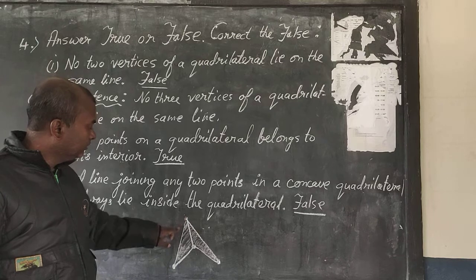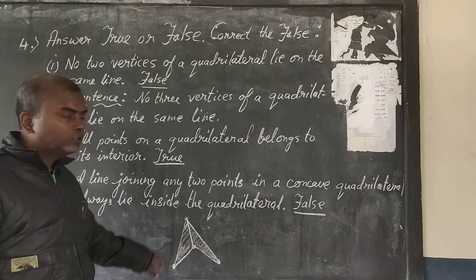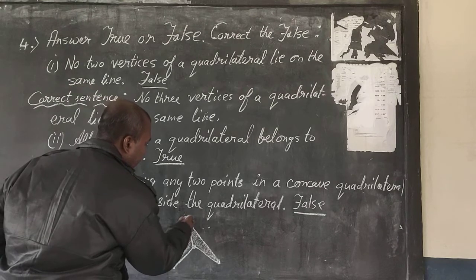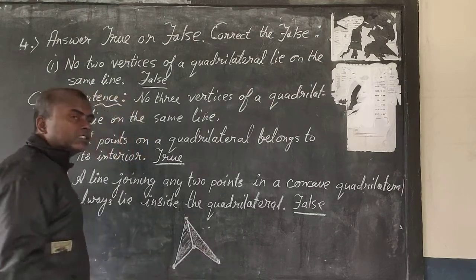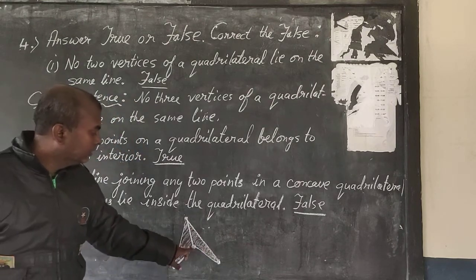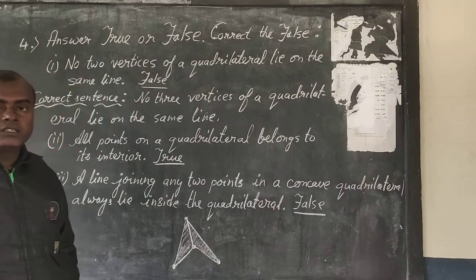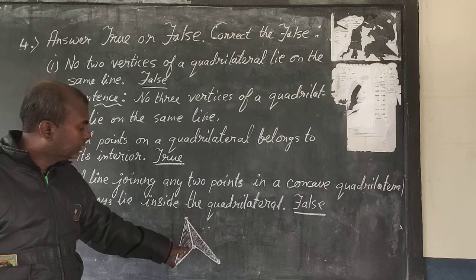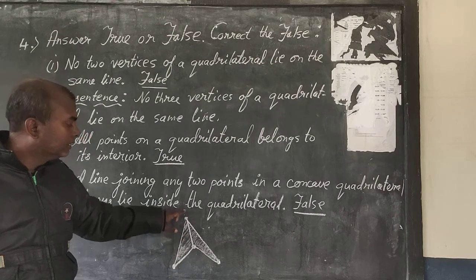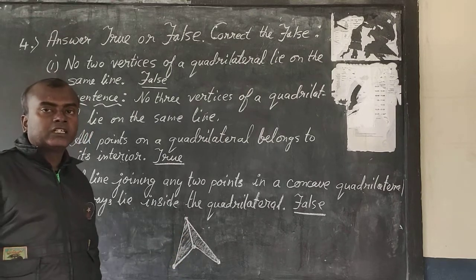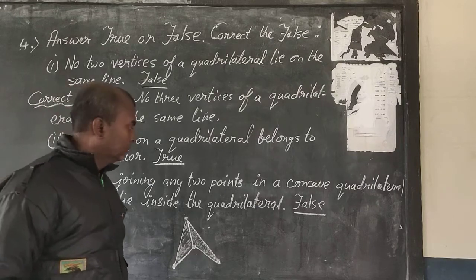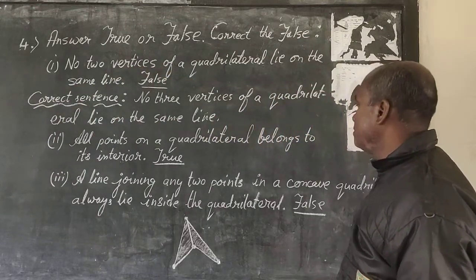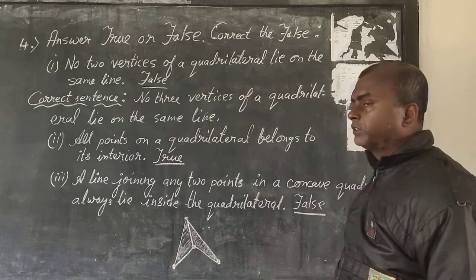Similarly, this and this point, the line is on the boundary. Only one set of points, this point and this point, if I join them, the line I get is inside the concave quadrilateral. Not all. So this is false.